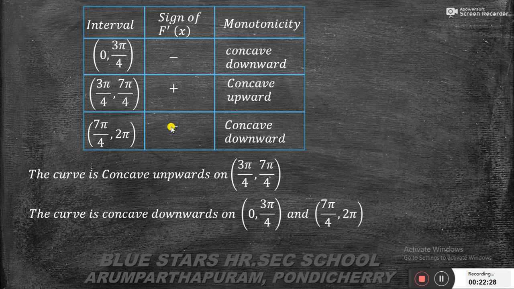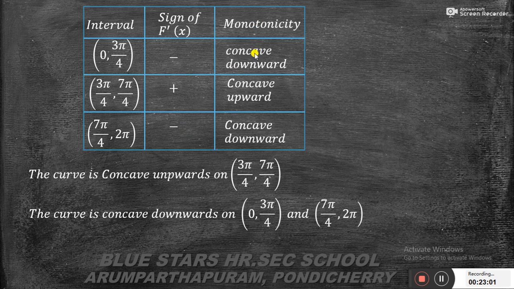You get the minus symbol in the answer, so I represented minus. Minus means concave downward, plus means concave upward, minus means concave downward. From these intervals I got the signs minus, plus and minus.